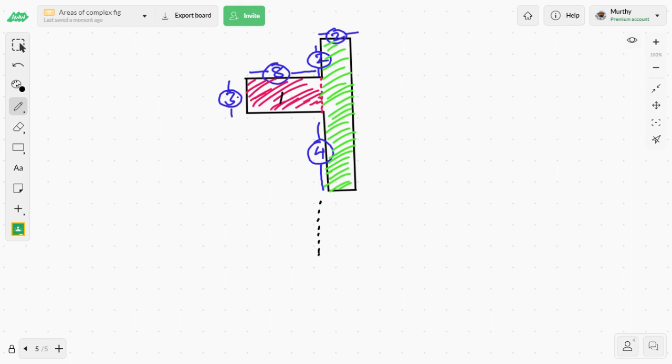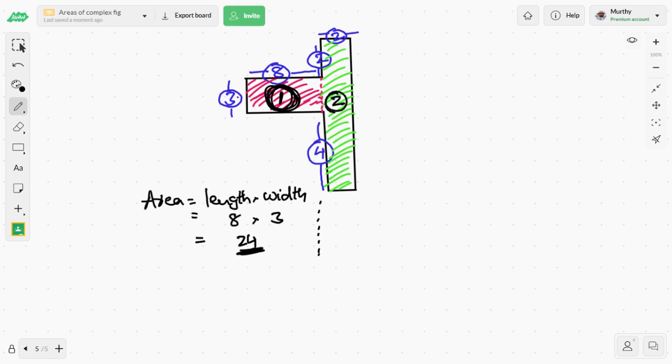The first one is a rectangle, therefore area of rectangle equals length times width. What is the length? It is 8 units. Then what is the width? It is 3 units. 8 times 3 equals 24 square units. Here the units are not mentioned, so let's say square units. Now, the second figure is here.